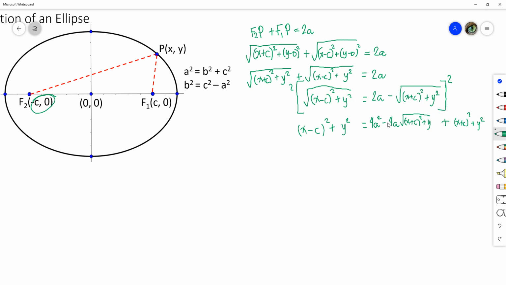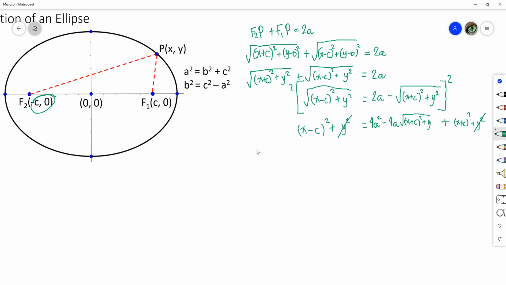Now, let's try to cancel out those terms in the left side and the right side which are equal. In this case, we have y squared, so let's cancel out y squared. What remains is this one. Now let's expand this term.